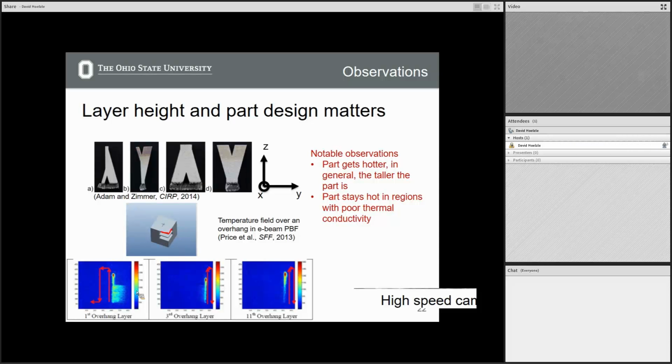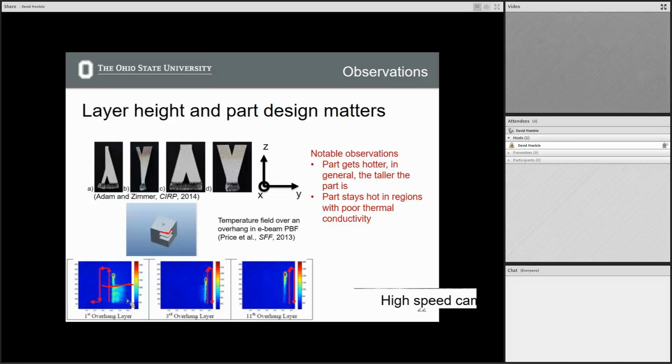All right? And then they have thermal cameras. So red is hotter, blue is colder here. And this is at the very first layer over the overhang, and this overhang would be right here. Okay, so in this case it's E-beam energy, but you can say the exact same thing for laser energy.